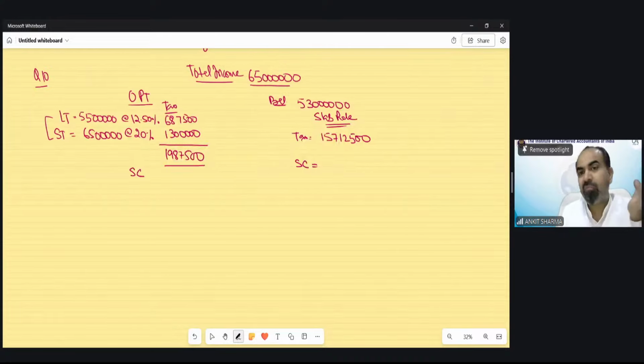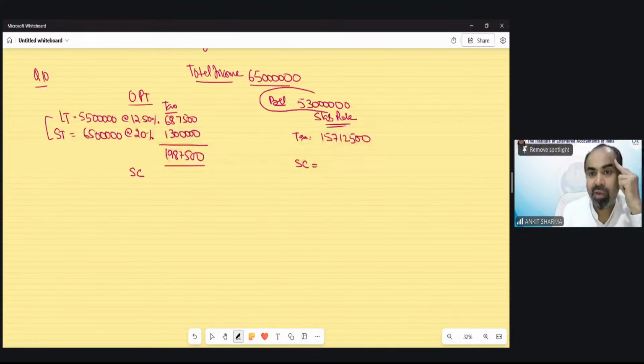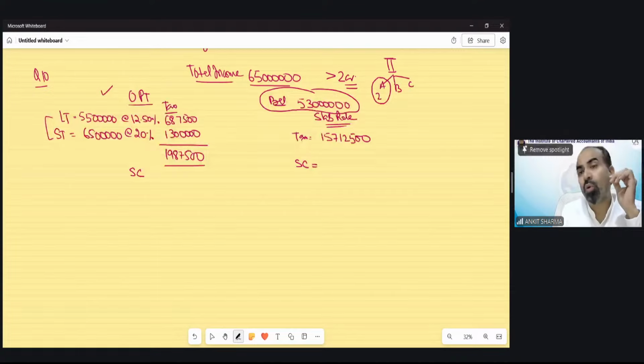Today we have made a diagram, and you can see in this example the other income is exceeding 2 crore rupees. First of all, we have other income and special category income also, so we are falling in the second option. In the second option, there were three scenarios: A, B, C. When income including special income is up to 2 crore, this is not applicable.